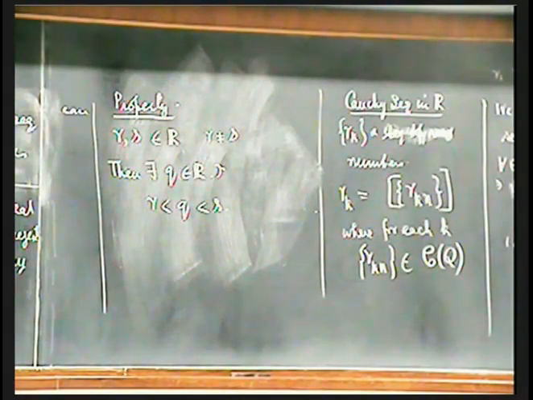Those two real numbers may be rational. This also tells between any two rationals there is a rational. But it also tells between any two reals there is a rational. Between any two real numbers there is always a rational number. So this is a very important property which will be repeatedly used in analysis.